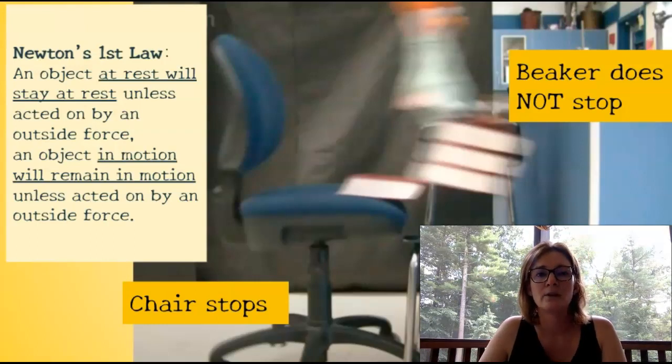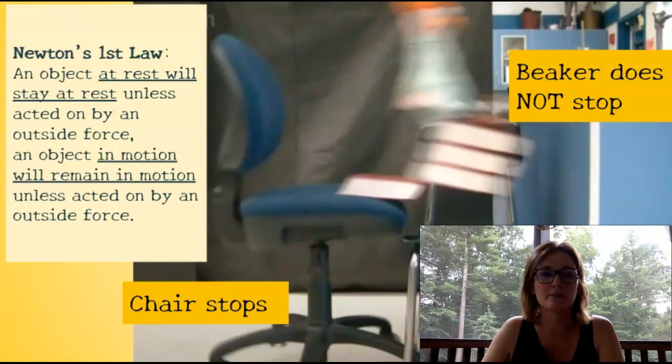We have two objects in motion, the chair and Beaker. Beaker remained in motion, so from this definition we can assume that no outside force acted on Beaker, which makes sense, right? Beaker was sitting on the book, he was still sitting on the book, and nothing else touched him.